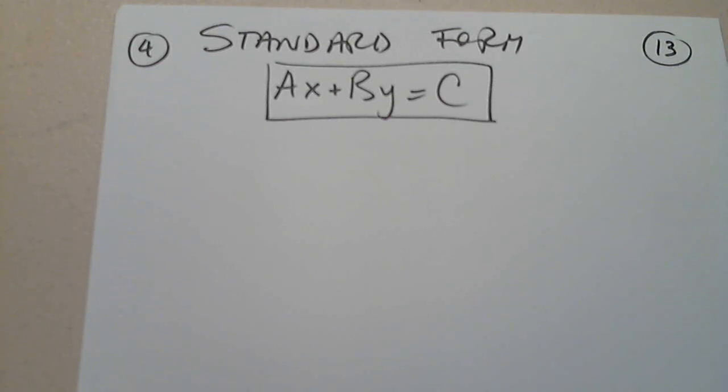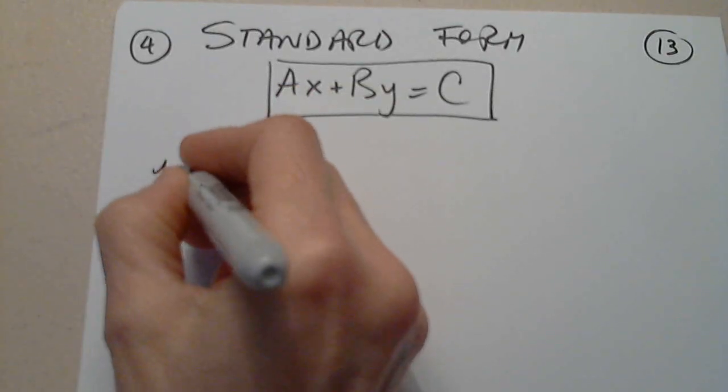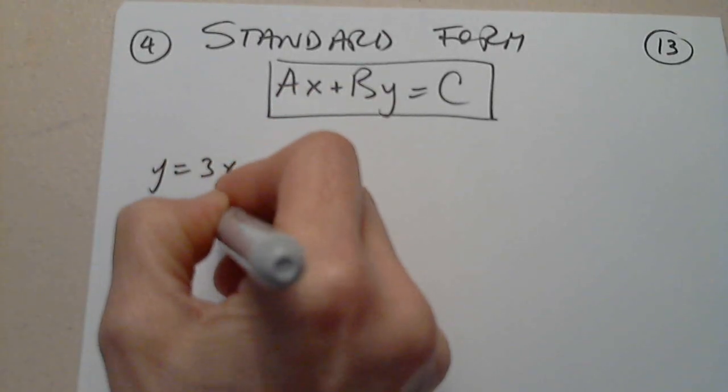How will you check (3, 5)? What will you do? So in y equals 3x minus 4, (3, 5).